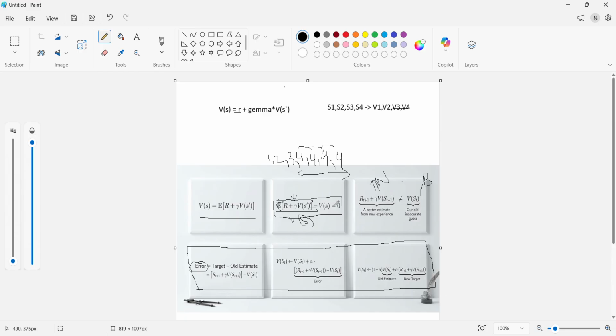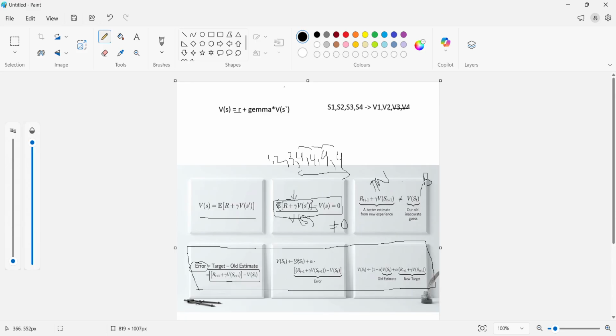But if they are not the same and our new estimate is different from our old estimate, then it is not going to be equal to 0. So what we do is find the difference, we find the error in our estimates, and then we use this error to update our v value for the given state.